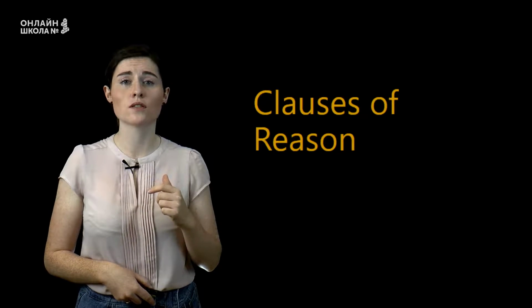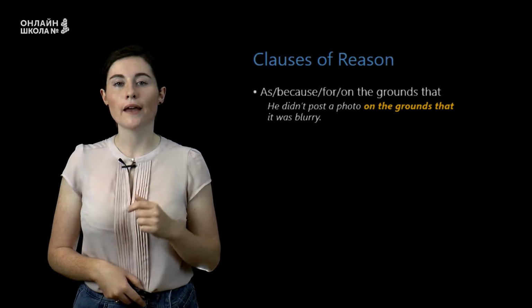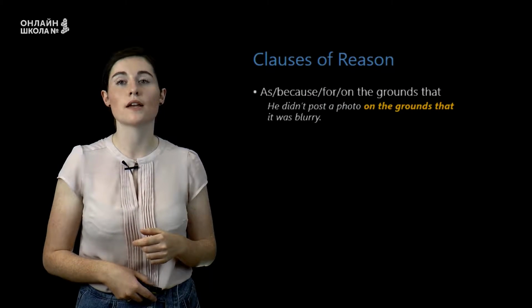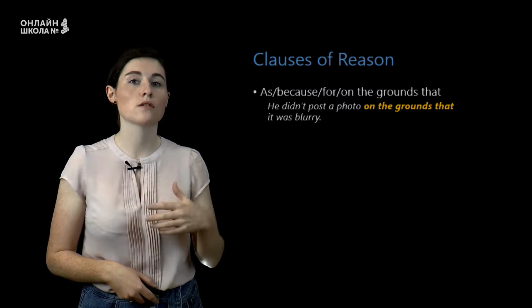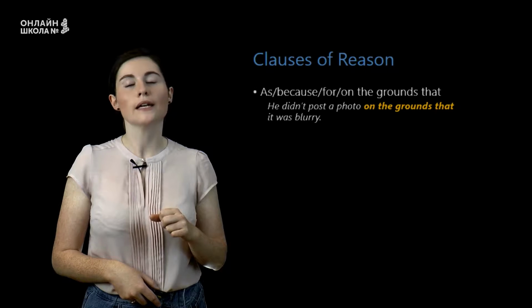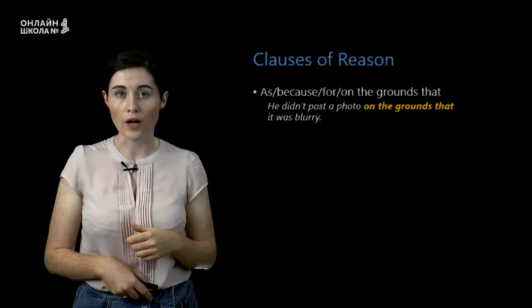Next type of clause is clause of reason. They can be presented by such words as, because, for, or on the grounds that. For example, he didn't post a photo on the grounds that it was blurry.